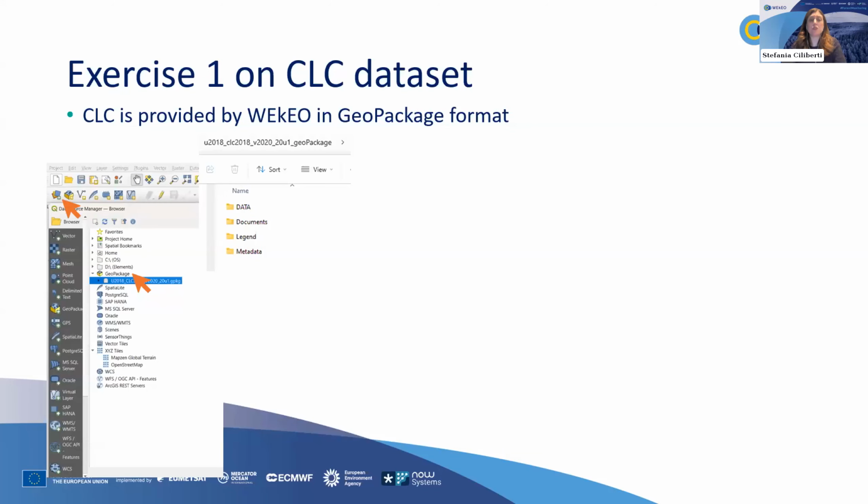So the first exercise that was proposed is related to the CORINE Land Cover. CORINE Land Cover data is provided by WEkEO in GeoPackage format. So I'll keep a link also with the previous questions about the formats supported by QGIS.